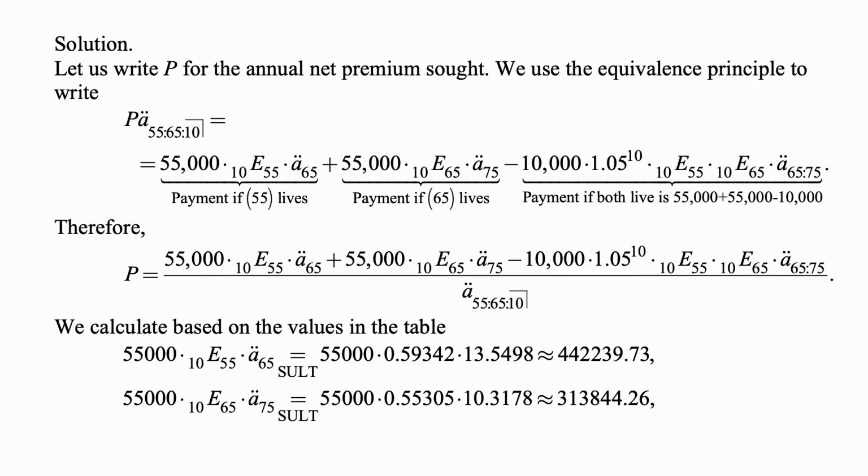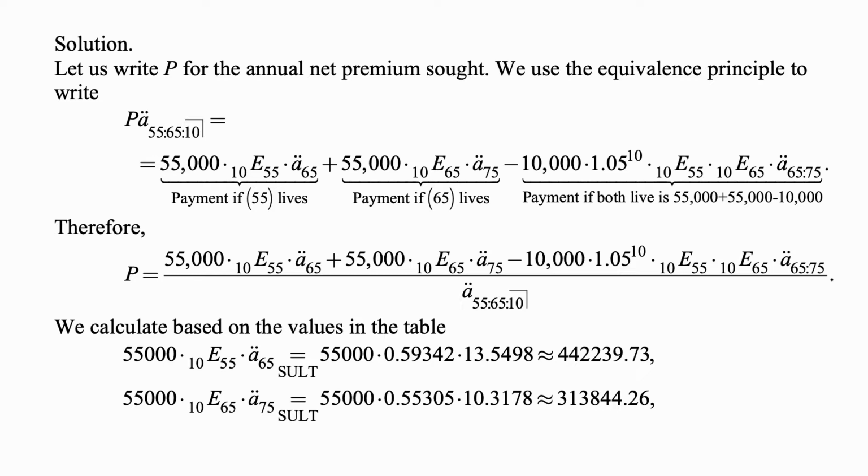So 55,000 times 10E55 times a double dot A:65 from the table, that's equal to 55,000 times 0.59342 times 13.5498, and we calculate that to be about 442,239.73. Then 55,000 times 10E65 times a double dot A:75 from the table, that's 55,000 times 0.55305 times 10.3178, and that's approximately 313,844.26.